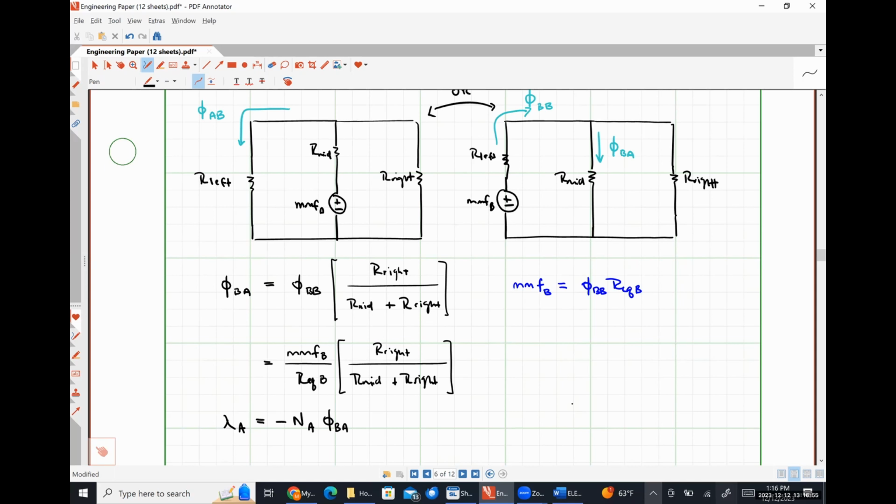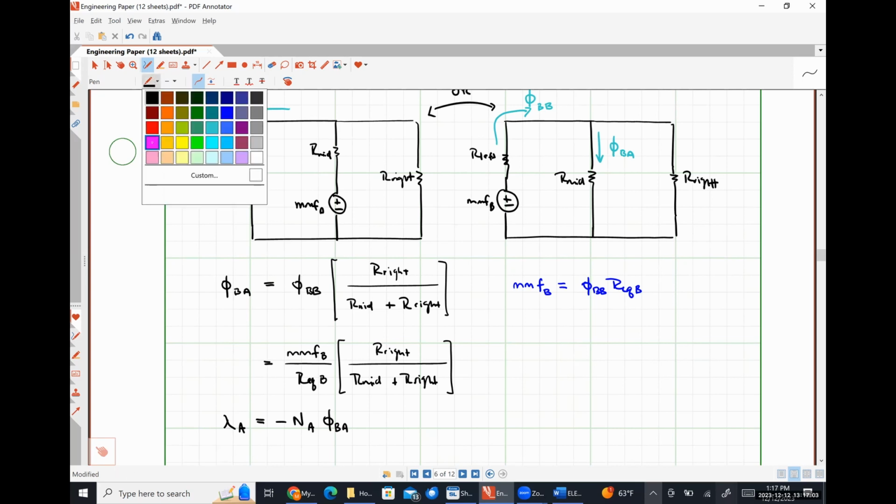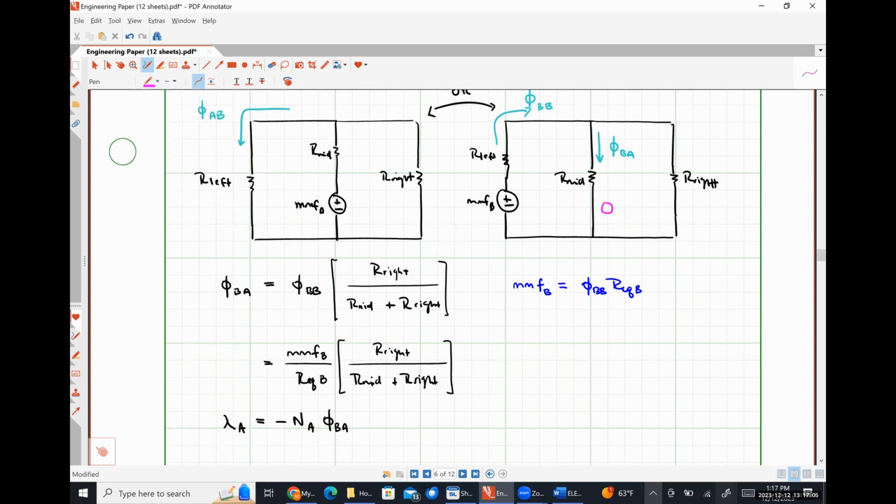So effectively, it would be positive if, just as a separate thing here, I'll try to explain this a better way. This is the direction of the flux that's generated by coil A, right? It's in the up direction. Because phi BA is in the opposite direction, we get a negative sign for our flux linkage.